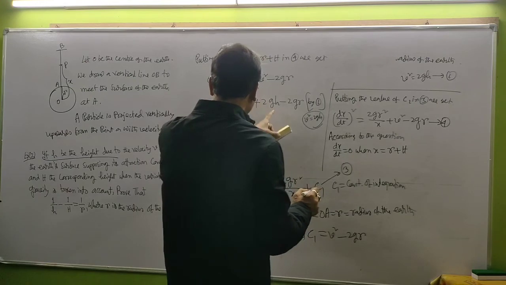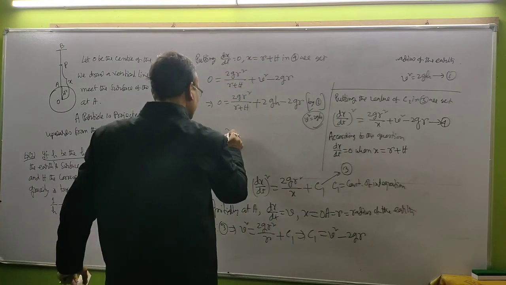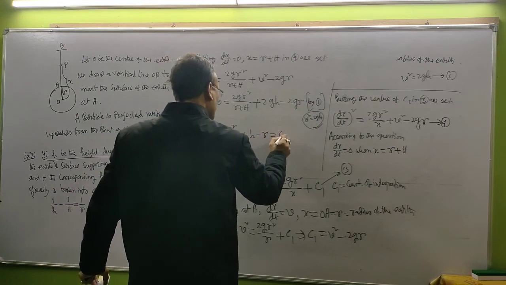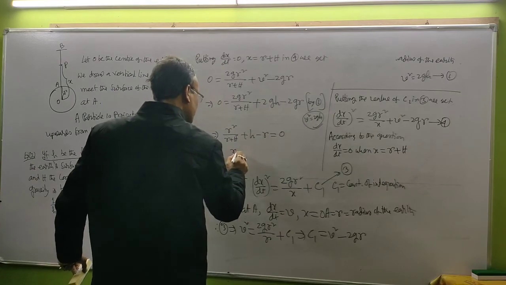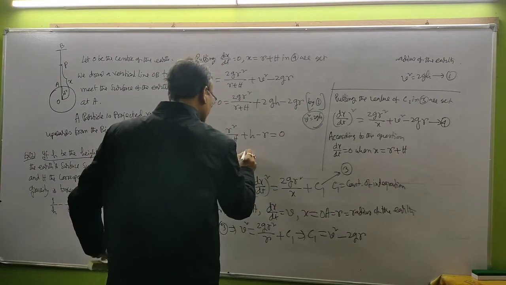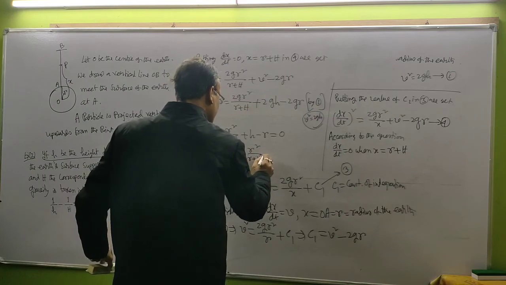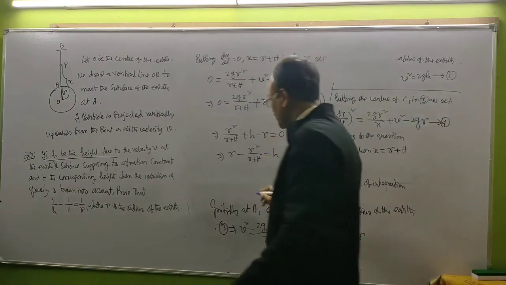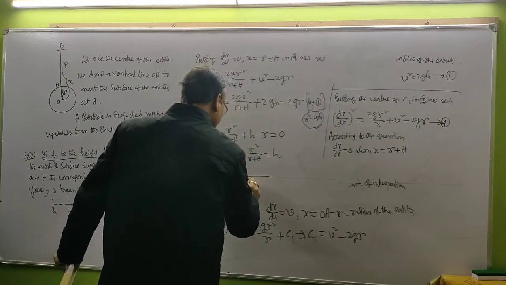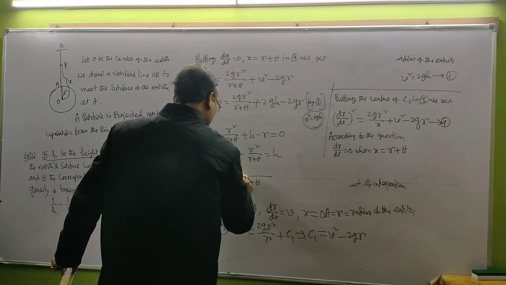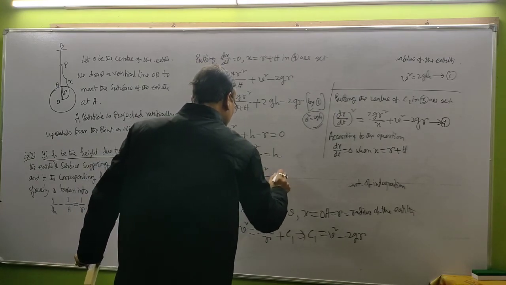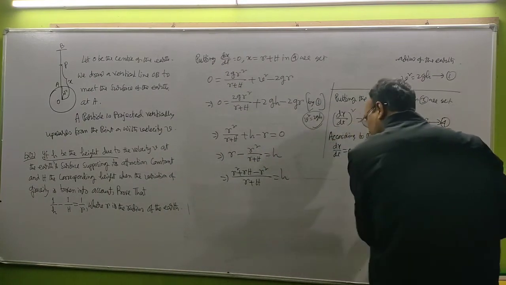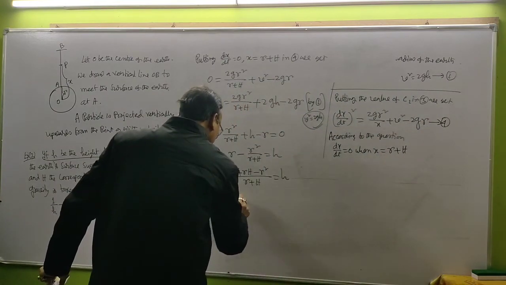It will be R²/(R + H) − R + h = 0, or you may write R − R²/(R + H) = h, or (R² + RH − R²)/(R + H) = h. R² cancels.